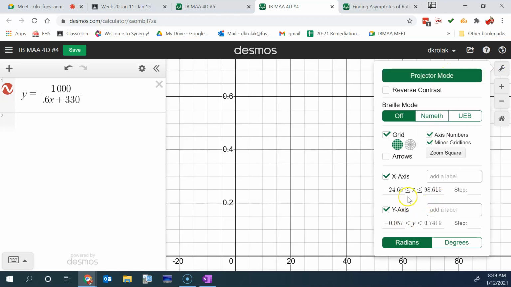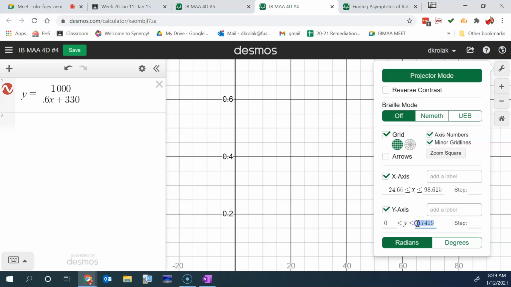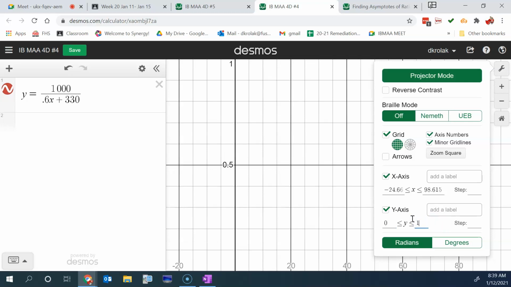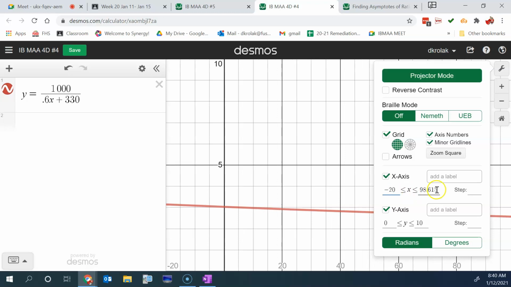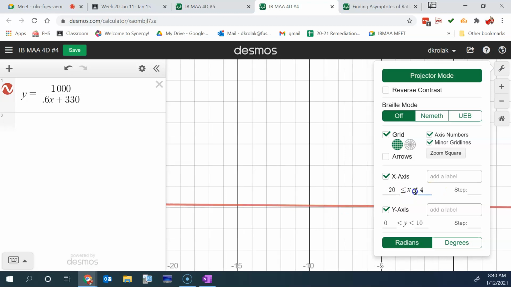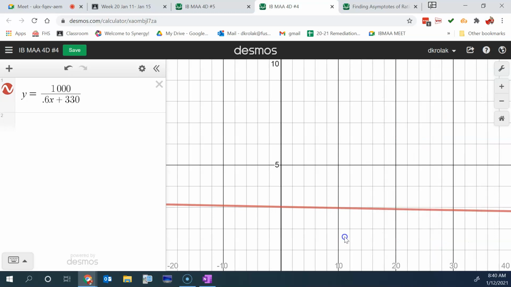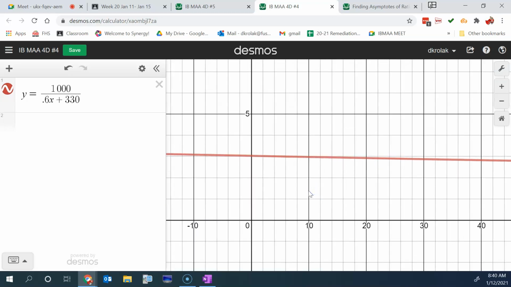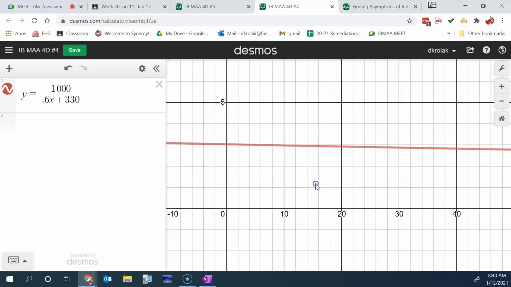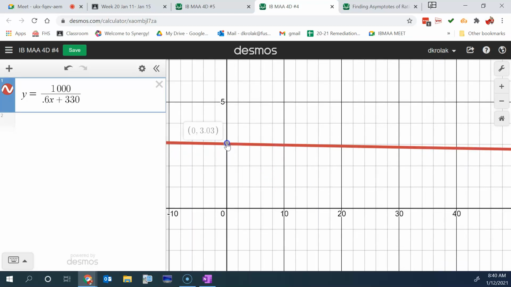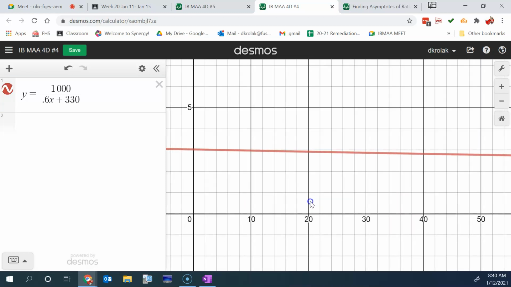So I'm going to change my Y's and go from 0 to, I don't know, 10 seconds maybe. And then if I wanted to do this from negative 20 to positive 40, that's what the graph looks like. That's what it would look like if I didn't zoom out.